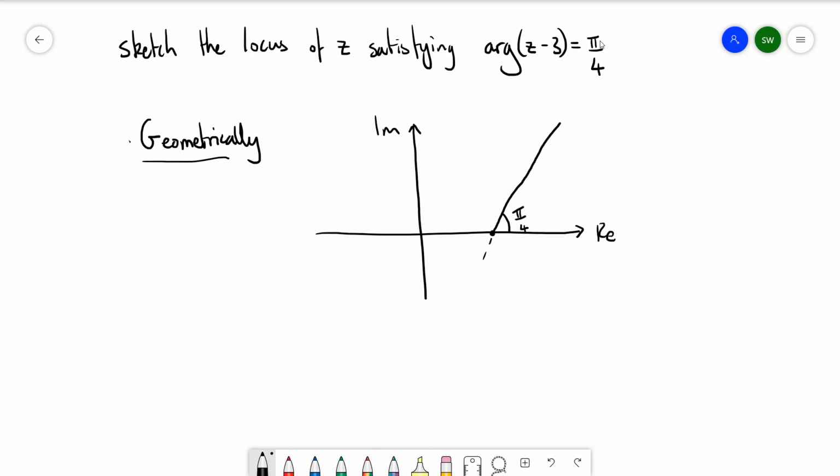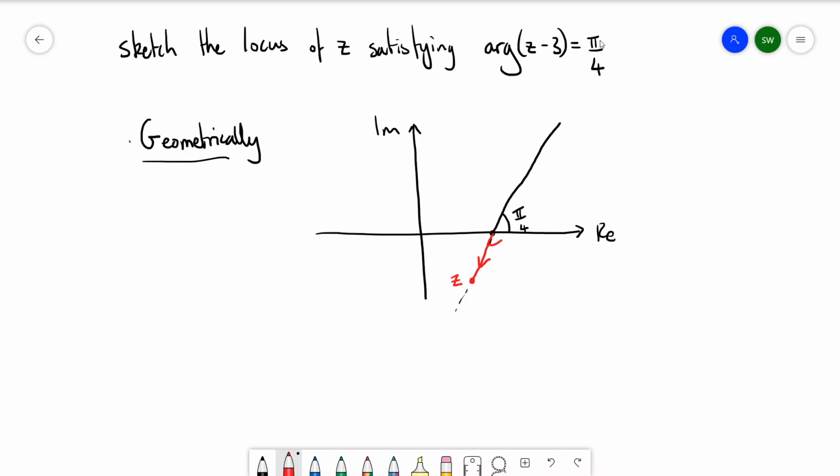You might be wondering, why have I only drawn half the line and why have I not continued it? Well, let's imagine we did continue that line and that z could actually lie down here on this dotted part of the line. Well, the vector z minus 3 would be this vector which starts at 3 and goes to z. And we're saying what's the argument of that complex number which has that position vector?